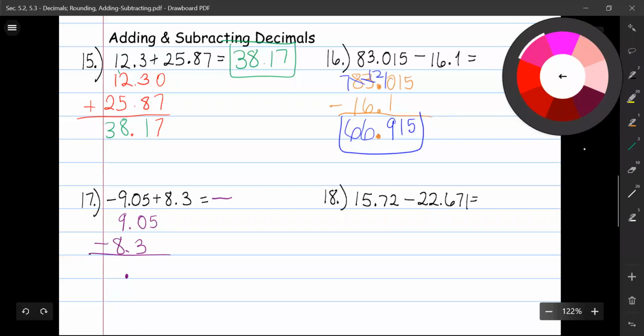All right. So 5 minus nothing is 5. And then I'm going to have to borrow a 1. 10 minus 3 is 7. 8 minus 8 is 0. So my answer is negative 0.75.